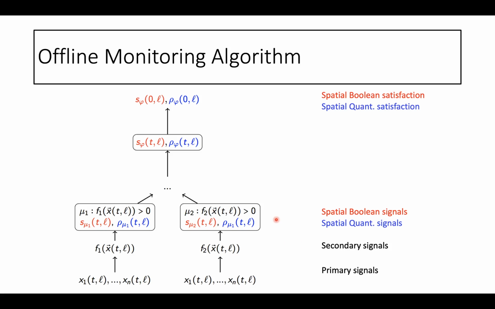And then we have a different algorithm for each operator. So what we have done mainly is to extend the evaluation of the temporal operators to spatio-temporal trajectories, and then in particular we add the algorithms to check the spatial operators.